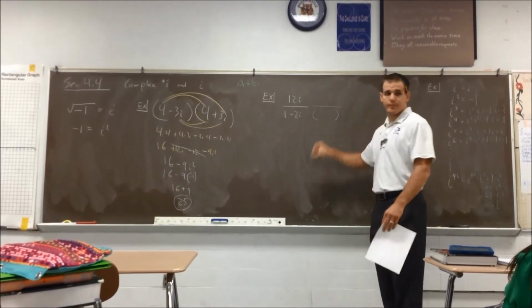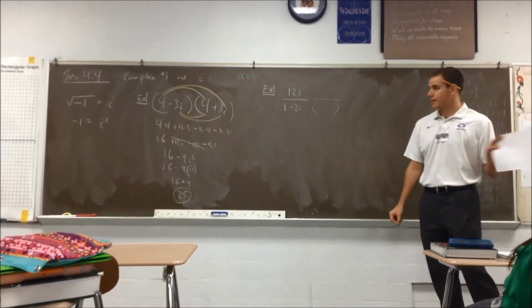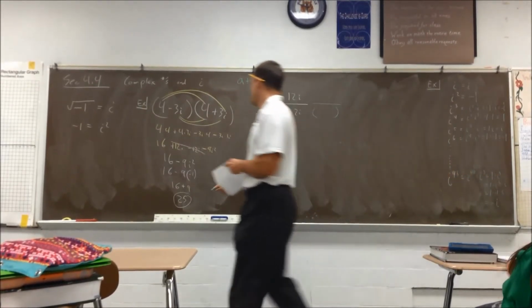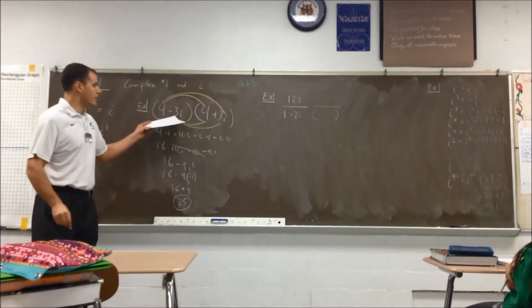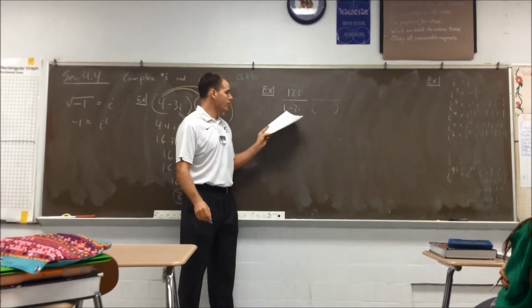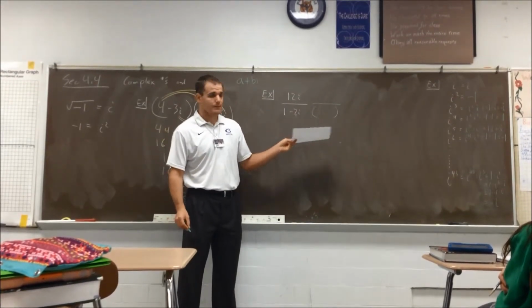Not i. Not 2i. You're close. Negative 2i? Nope. Look at this one. It's 4 minus 3i. If I multiply just the bottom by i, this is going to be 1i minus 2i squared, right? Then get rid of the i's.